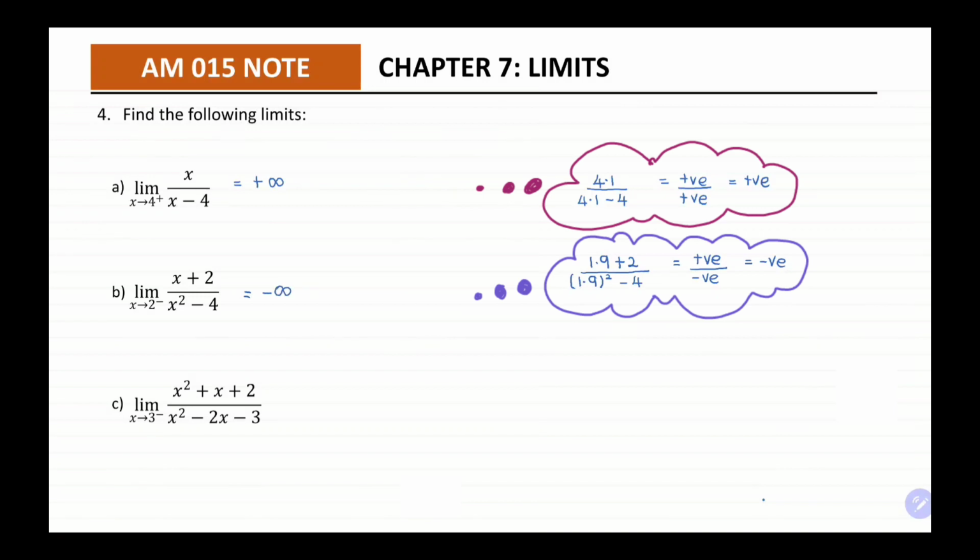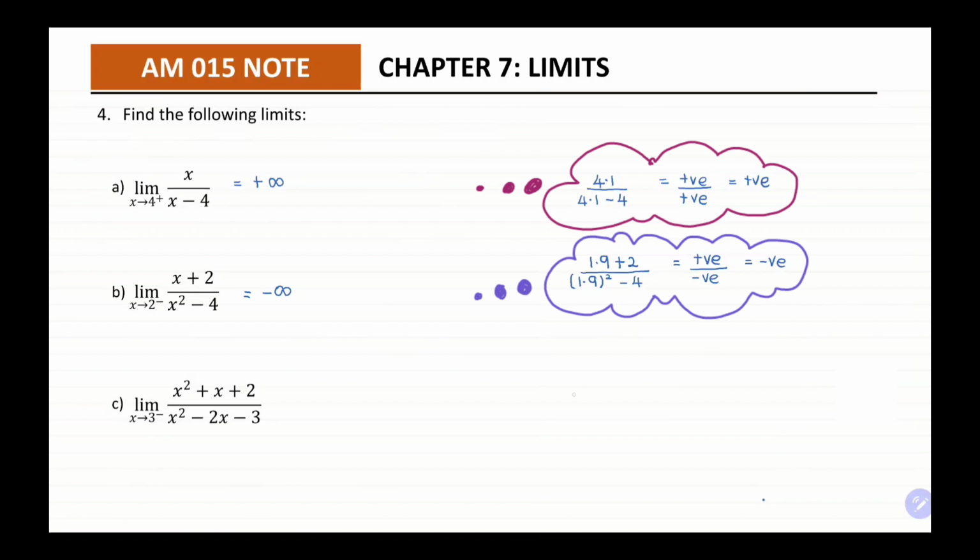Okay, and last, C, limit as x approaches 3 from the left. Okay, 3 from the left, we test, substitute 3 into the denominator. So we get 9 minus 9, so we get 0. Okay, so it is undefined, cannot be solved. Then we take one value to represent 3 from the left. 3 from the left means 2.9.